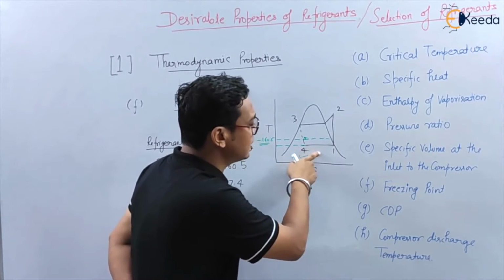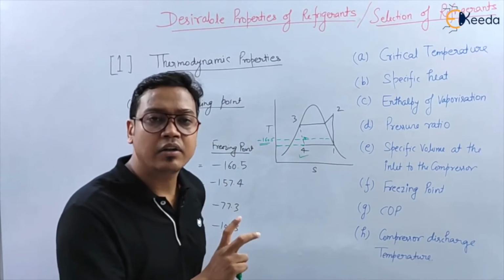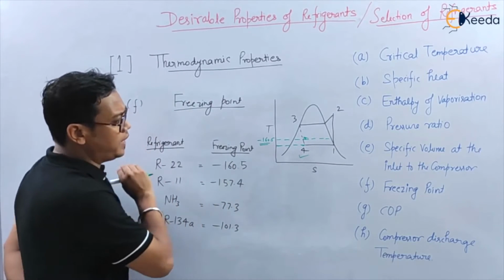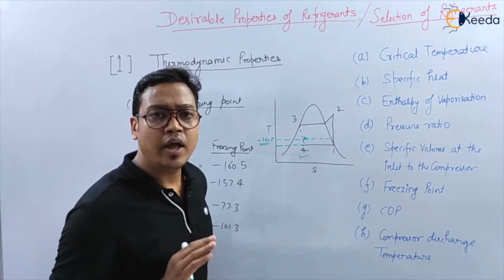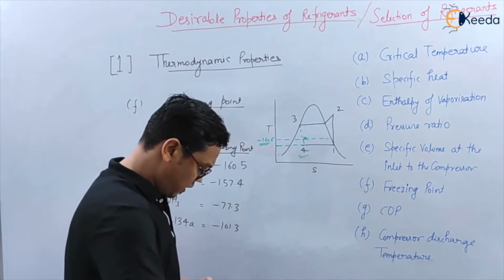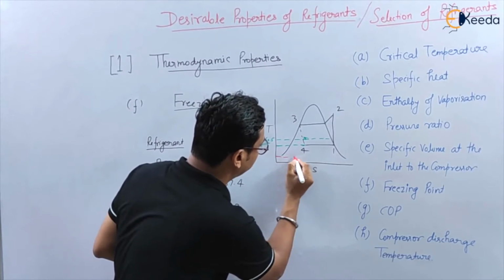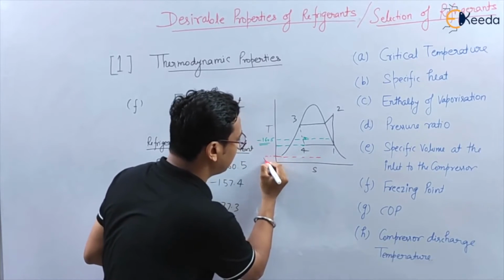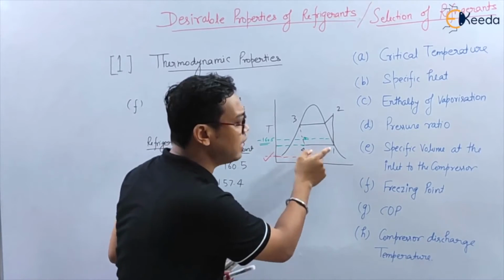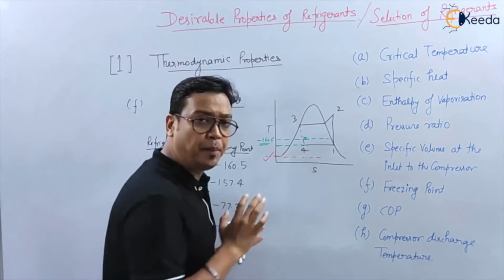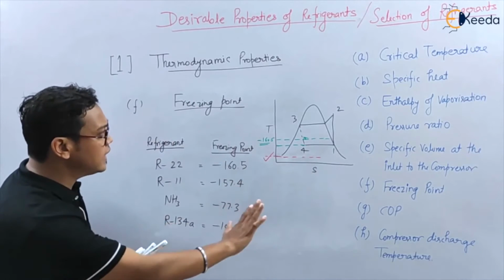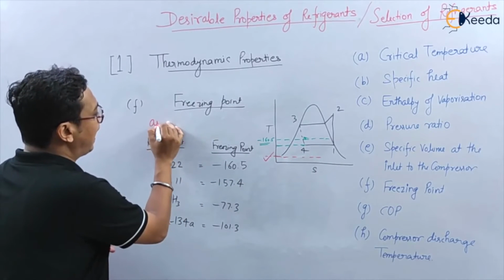So heat transfer in the evaporator will not take place. So the freezing point should be very, very low, as low as possible. If the freezing point is here, then it is okay, no issue, because above this the process will occur in the evaporator and heat transfer will take place.